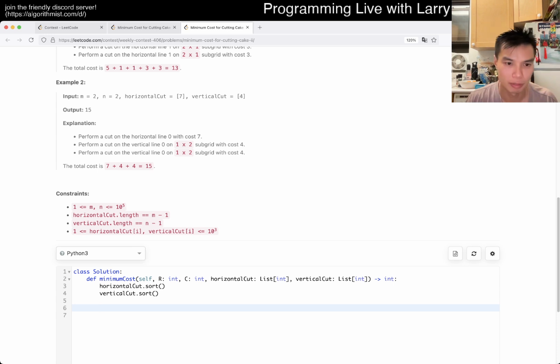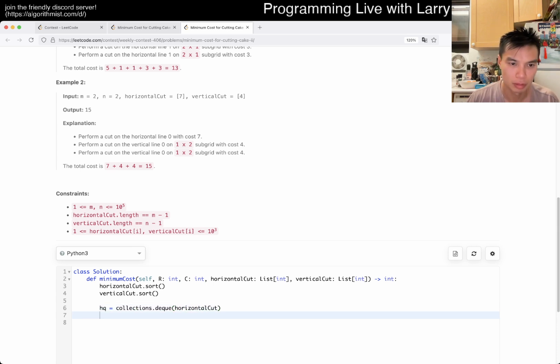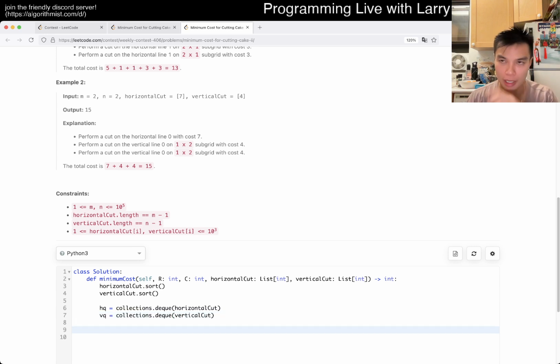And then now you have, let's just say, and then now we just kind of compare, right? The cost of the horizontal cut that we could do now is just the number of vertical cuts that we've done before.